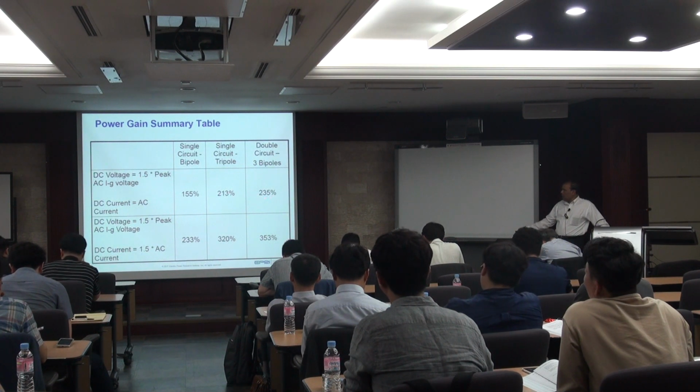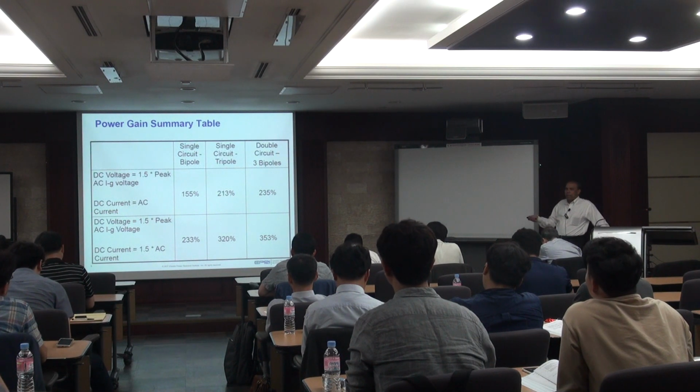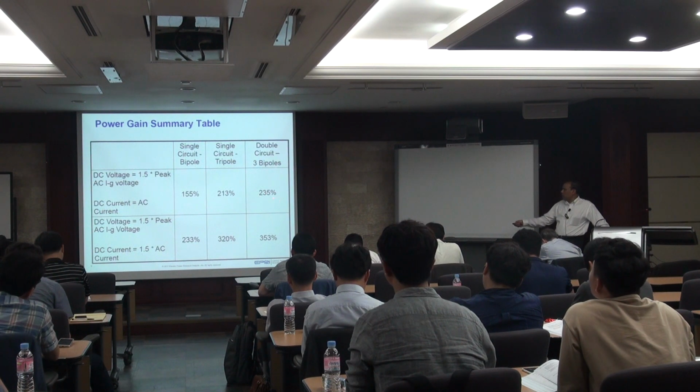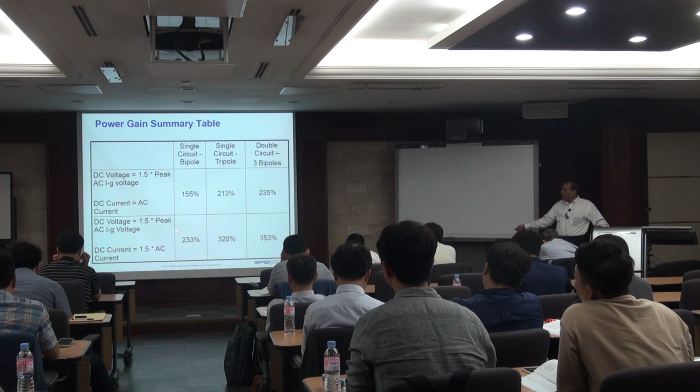So you could see a double circuit with 3 bipoles, you could really get a 235% increase. Say if your AC is 100%, so if you convert that with 3 bipoles, double circuit line, you get another 235% increase. Okay? So different configurations.